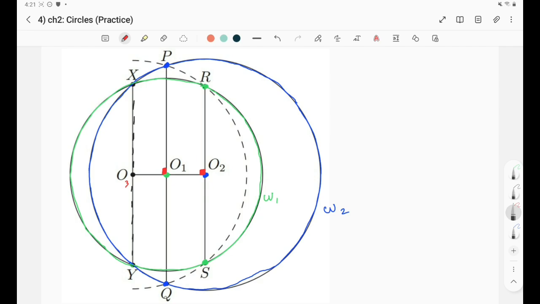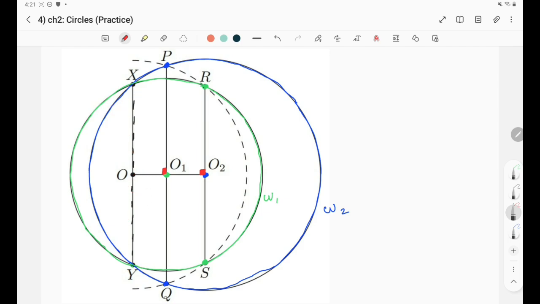What does that mean exactly? It means that instead of defining O3 to be the center of the circle P, R, S, and Q, let's do the opposite. Let's define O, or O3, the same, to be the intersection between O1, O2 and XY.